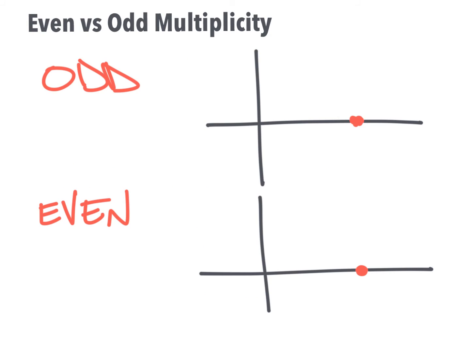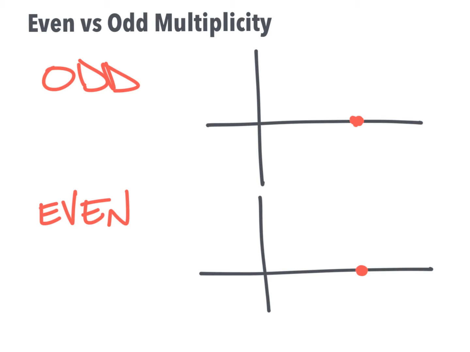So what does that tell us about a graph, though, of a polynomial? Well, the even or odd multiplicity tells us what happens whenever you get to that root. So let's imagine that we just have some root, right, some x-intercept. And up here, we're going to say that it has odd multiplicity. All right, so just imagine with me a polynomial with a bunch of other roots, but we're going to focus on this root.